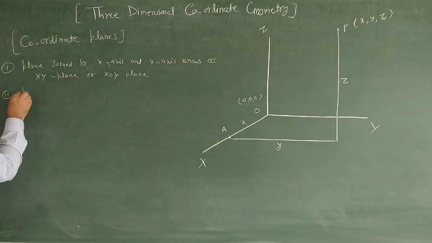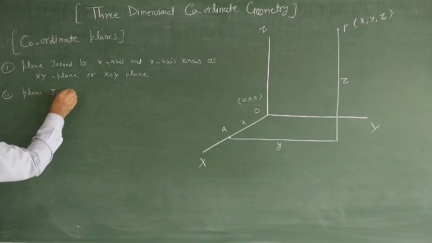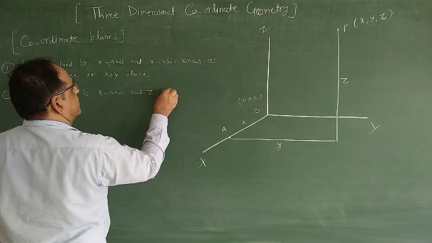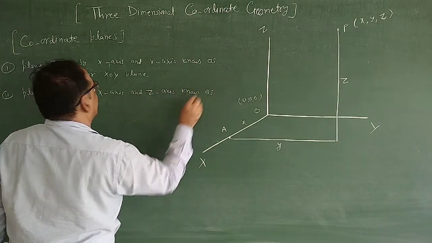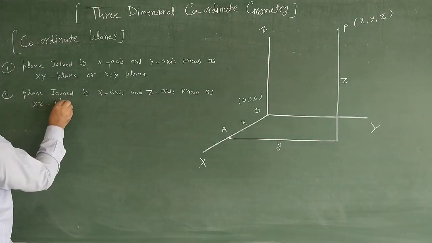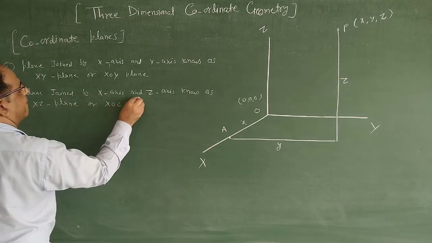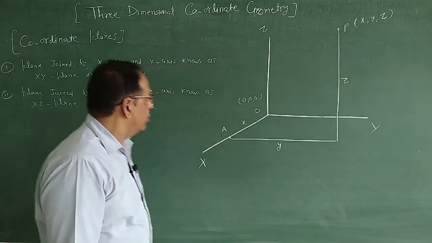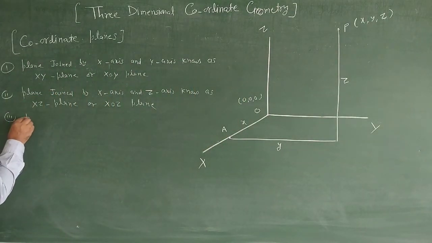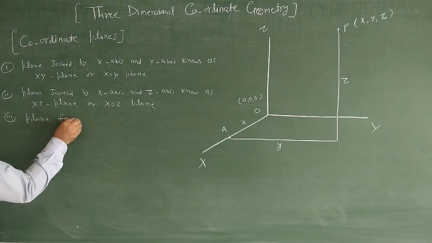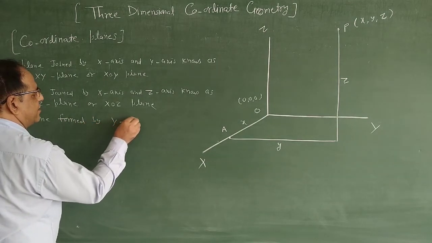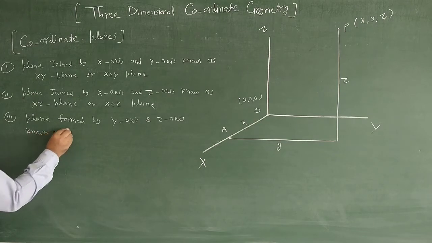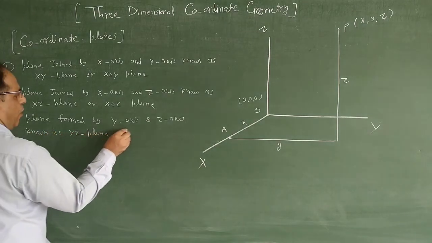Similarly, the plane joined by the x and z axes is the xz plane or xoz plane. Similarly, the plane formed by the y axis and z axis is known as the yz plane or yoz plane.